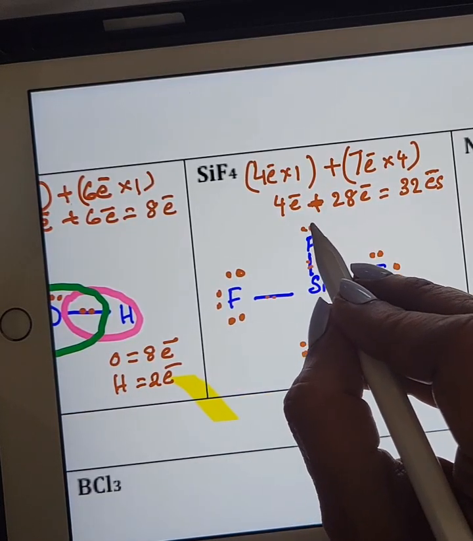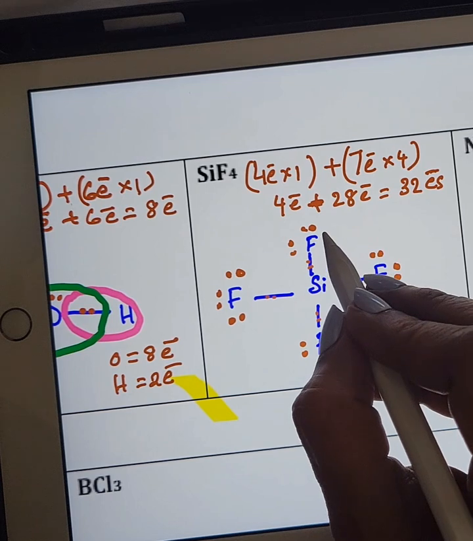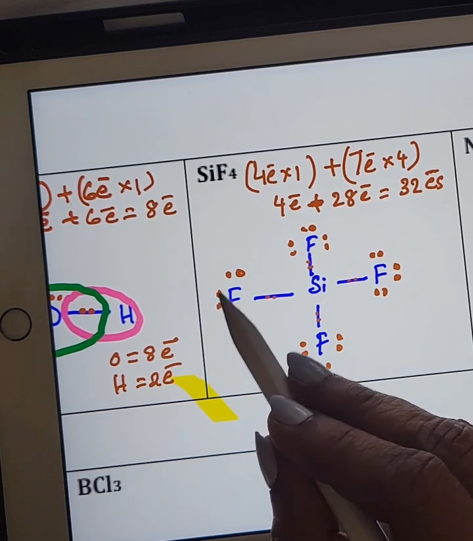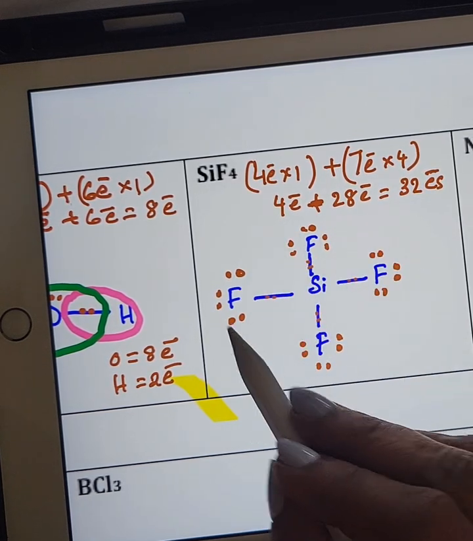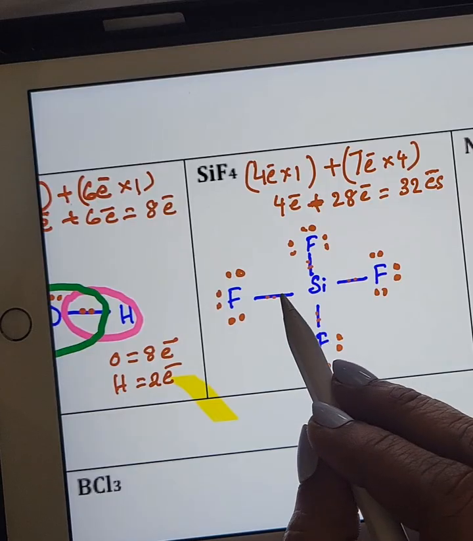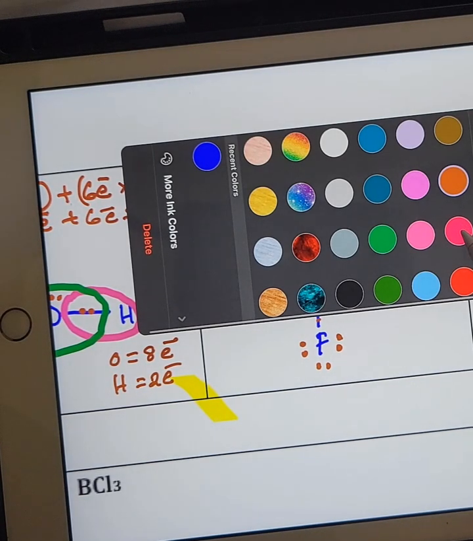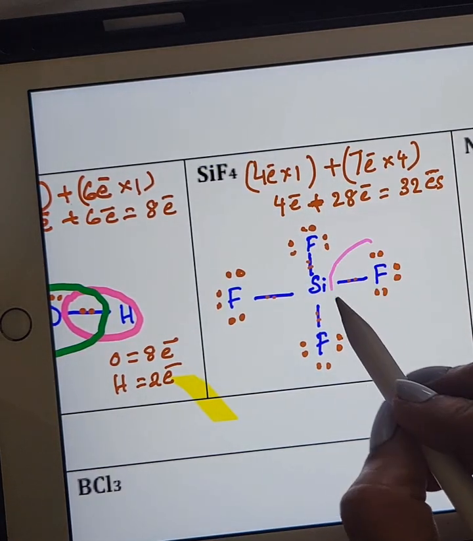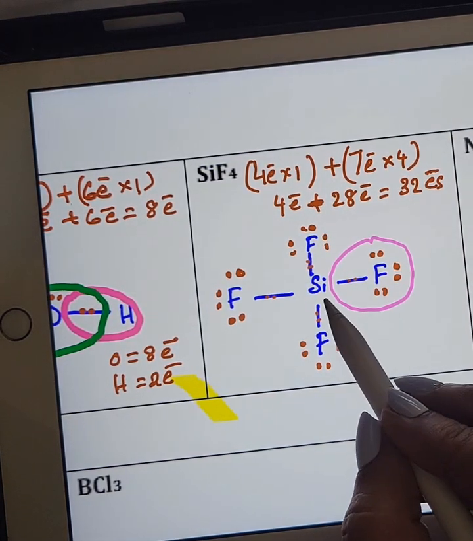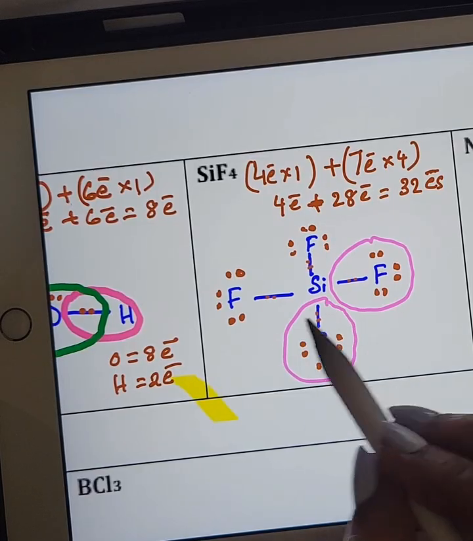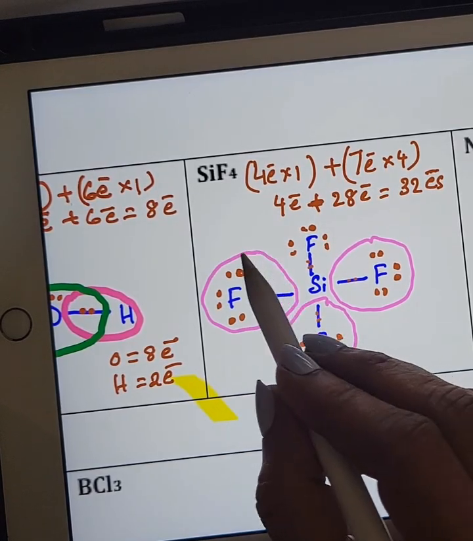We have to check whether we have electrons in the bank or not. Okay. Now let's see. I used 6, 6, 6, 24, 24 plus 8, 32. I used all my electrons. Now you have to check whether all the atoms are happy. This fluorine is happy because it has 8. This fluorine is also happy. This one is also happy.